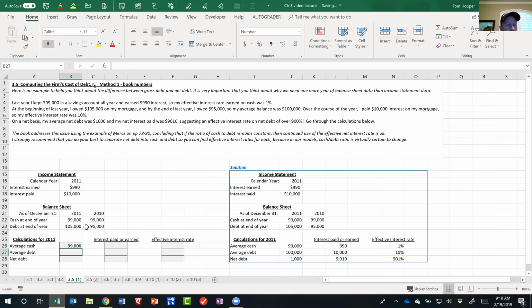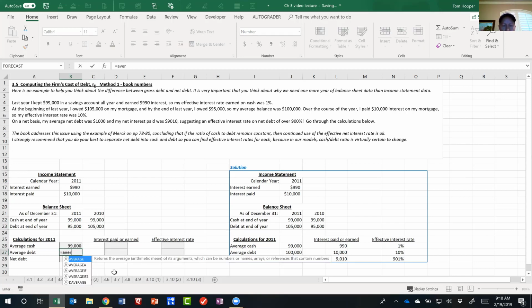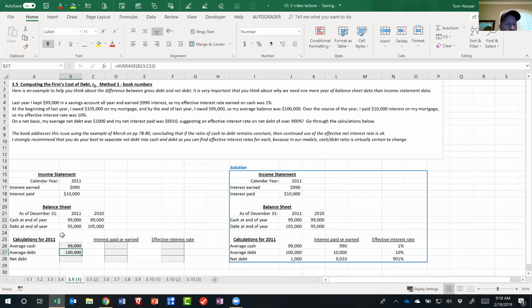But if I came into the year with a mortgage balance of 95, got those backwards, didn't I? I came in with a balance of 105 and then left the year with 95, then my average debt for the year was 100. And this is what you'd be doing with your balance sheet.